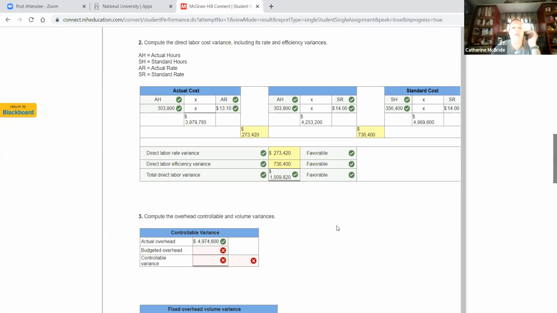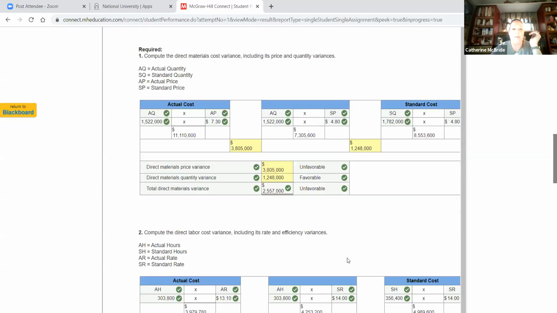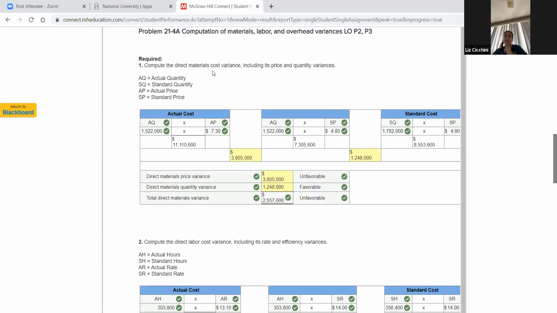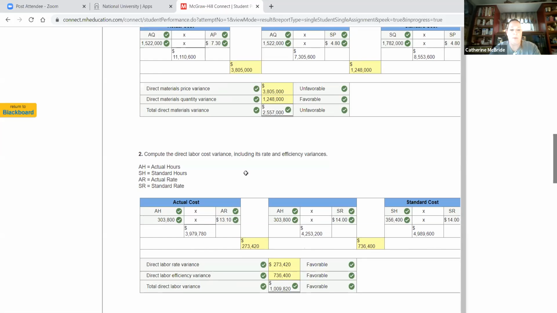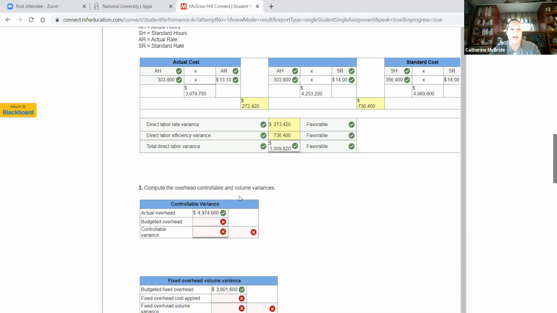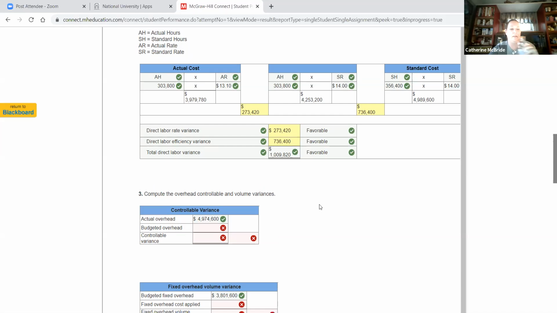Okay, so what do we have here? So we have direct materials cost variance, the whole thing. And then the direct labor. And now we want to compute the overhead controllable and volume variances.